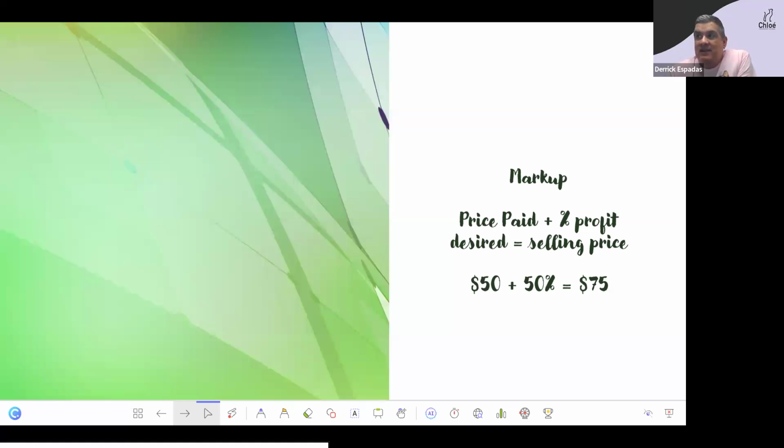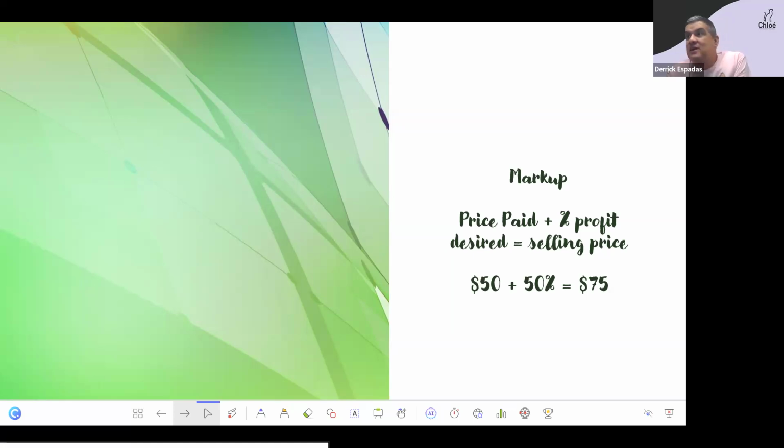So how we calculate the markup is we take the price paid, and again, that's really going to depend on how granular you get, on what the price paid, the percent of profit desired, and that'll equal the selling price. So in this case, if we take $50 as what we're paying, we want to make 50% on top of that.